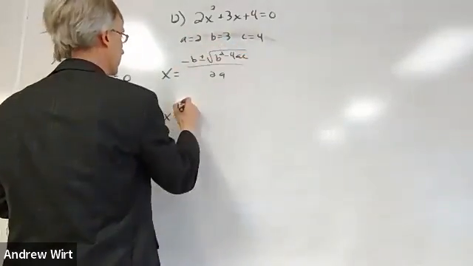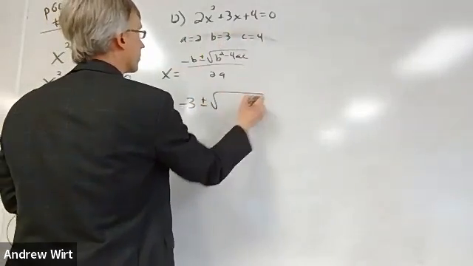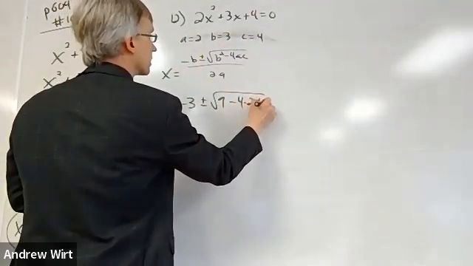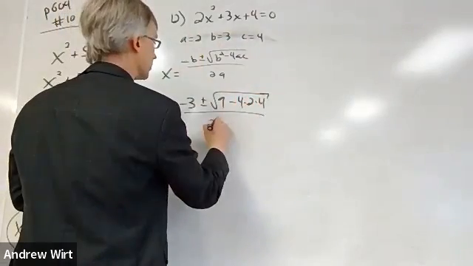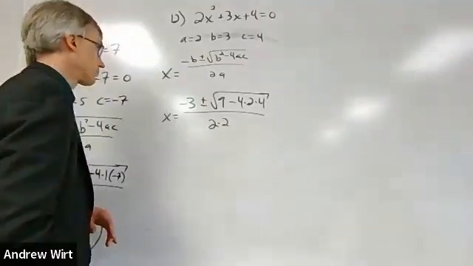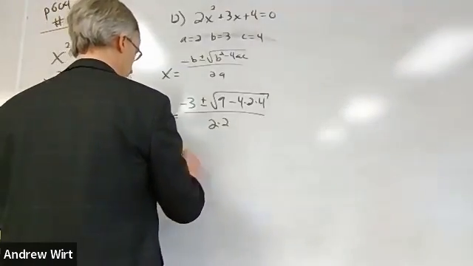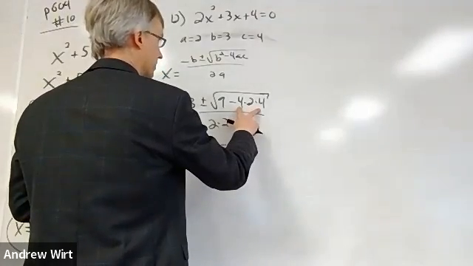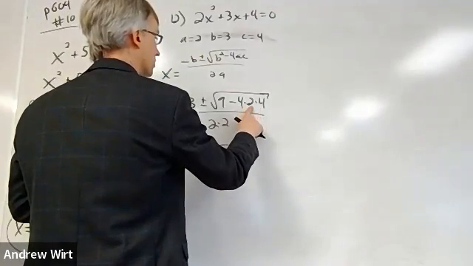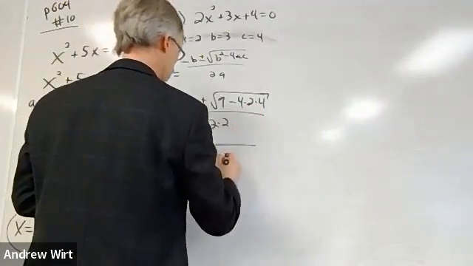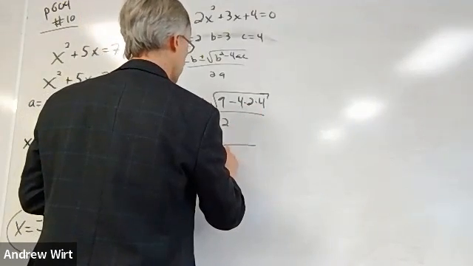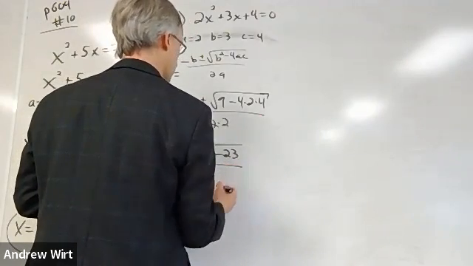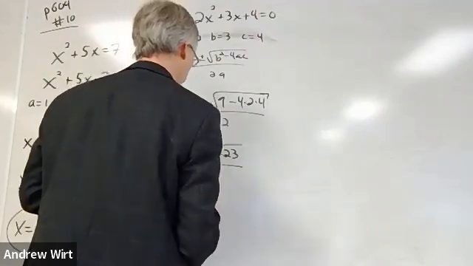So negative B, that'll be -3, plus or minus the square root of 3 squared, which is 9, minus 4 times 2 times 4, all over 2 times 2. We got 32. So 9 minus 32, that's -23, over 4.